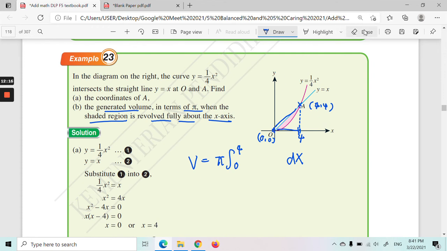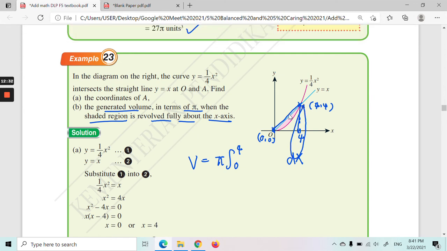If you cannot imagine, I'll draw it out for you here. Try to imagine: what happens if I integrate the straight line with respect to the x-axis? Can you imagine I can get a cone?